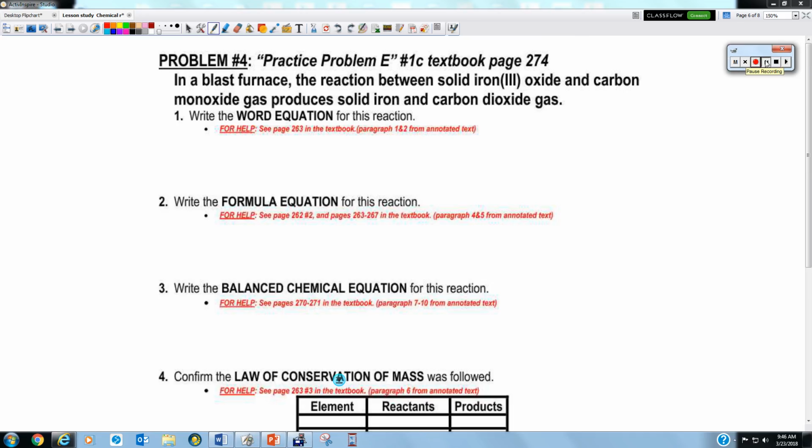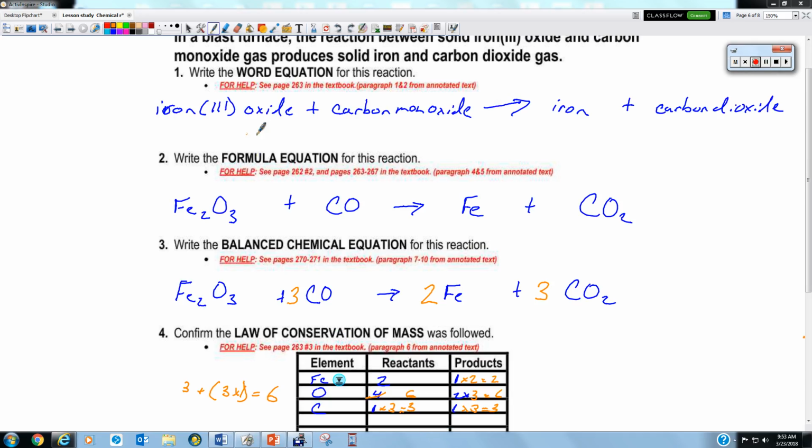So looking at this, we have some different things in here. The mono in this description and the di in this description should give us an idea that this is covalent. So we're going to write the formulas based off of what we see. Starting with iron 3 oxide, that tells us that this iron has a +3 charge.